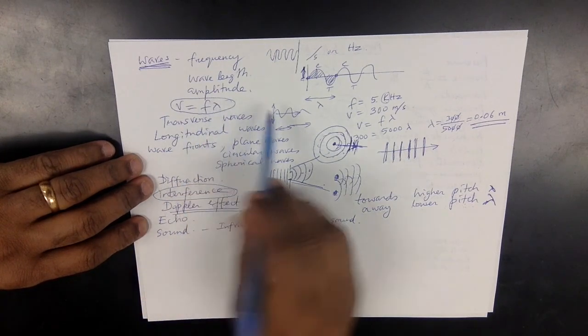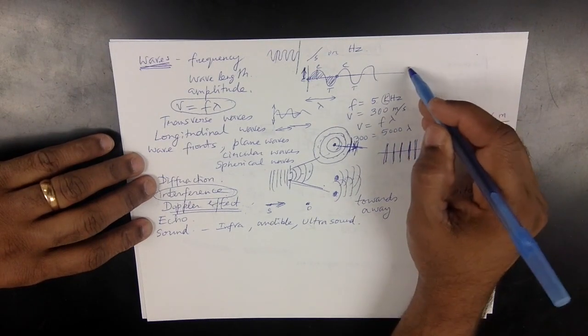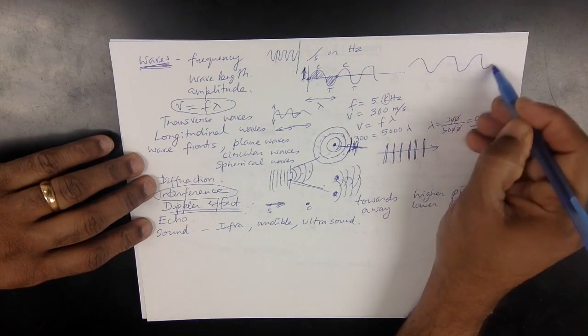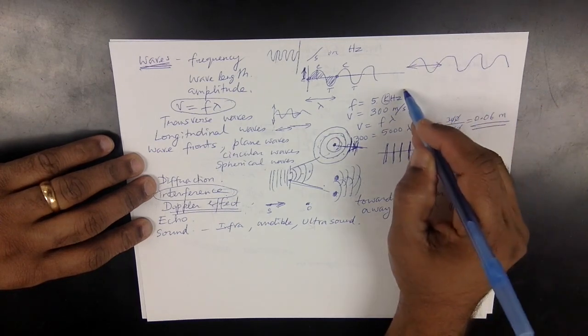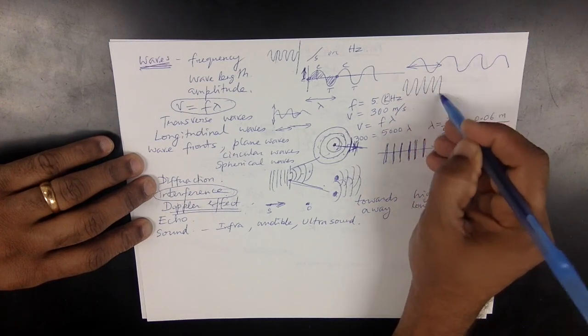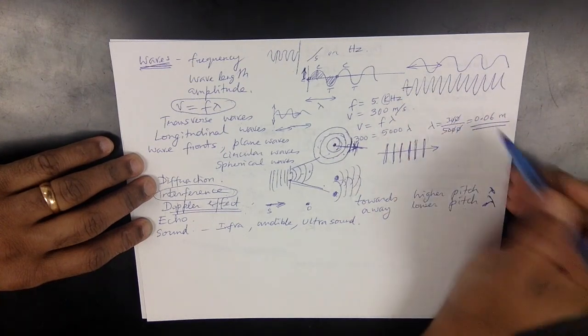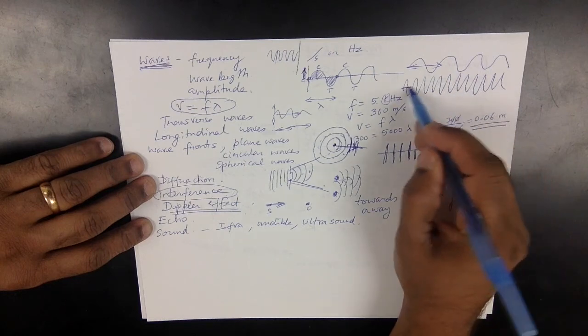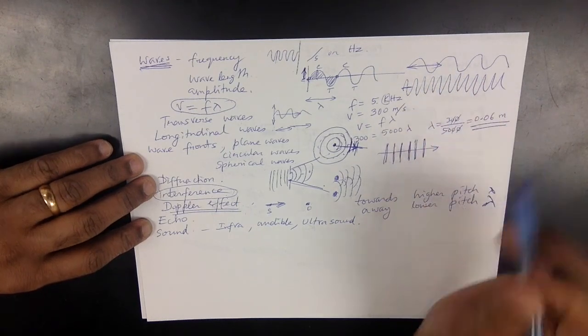So wavelength is the distance between the waves. So when the frequency is small, the wavelength is big. Now this is high frequency. Now you can see the wavelength is small. So high frequency, wavelength is small. Low frequency, wavelength is big.